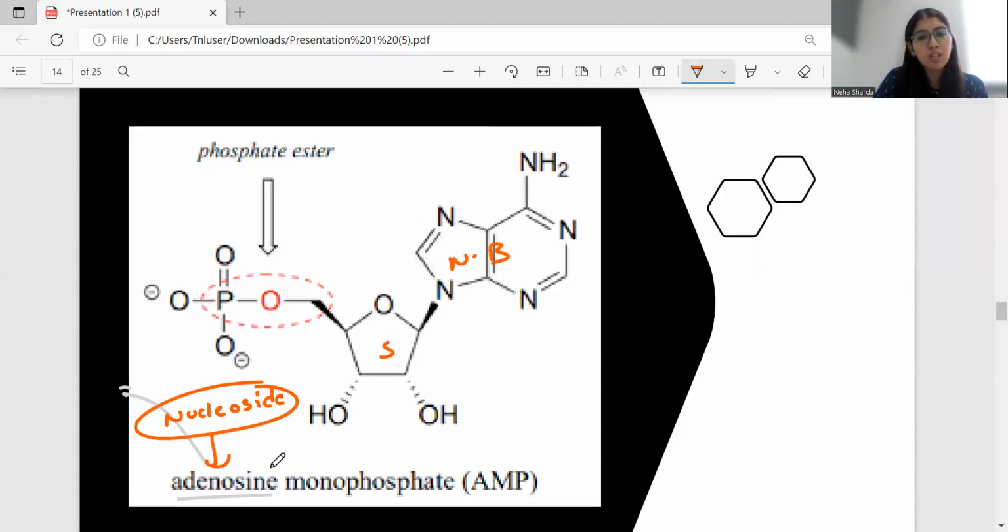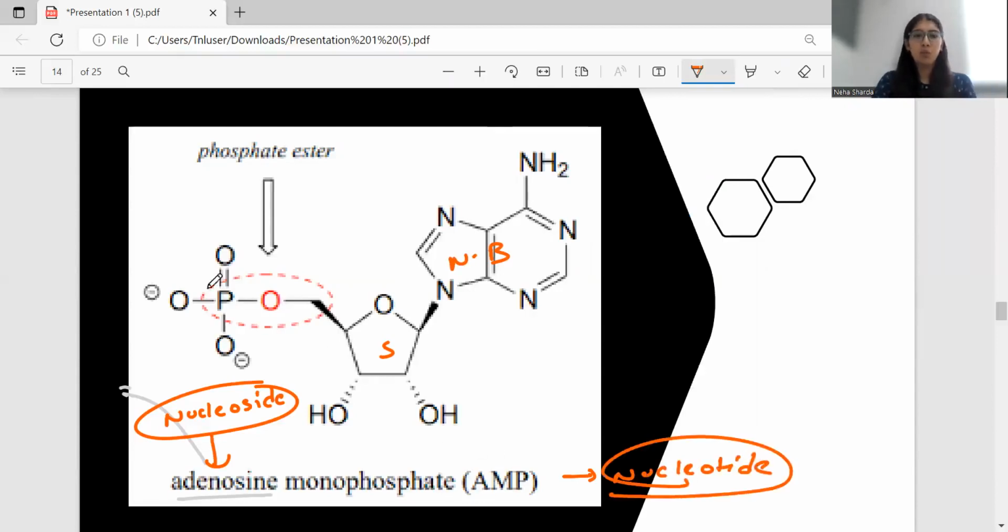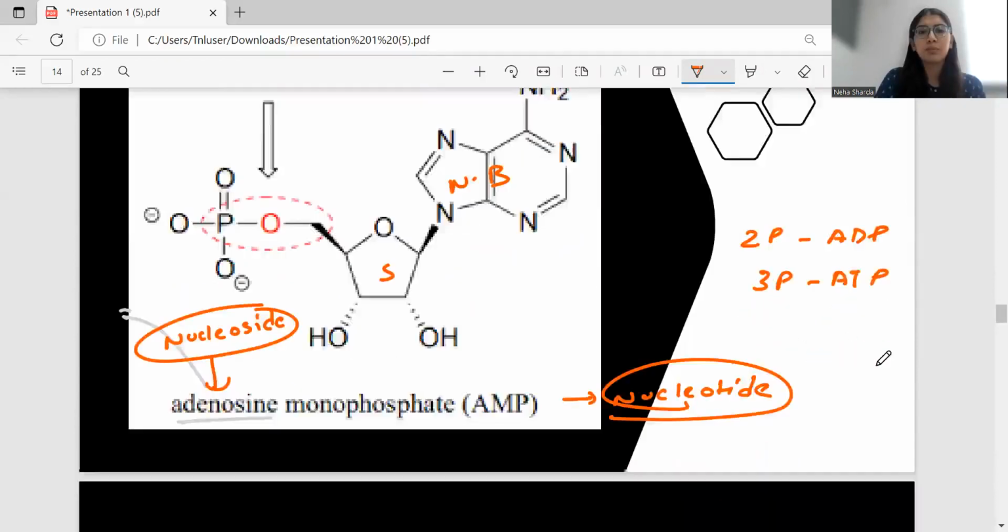When phosphate is attached with it, it will form a nucleotide. Only one phosphate attached through phosphoester bond is known as adenosine monophosphate. When two phosphate groups attach, adenosine diphosphate. When three phosphates attach, adenosine triphosphate.